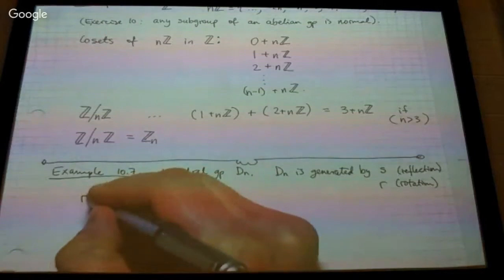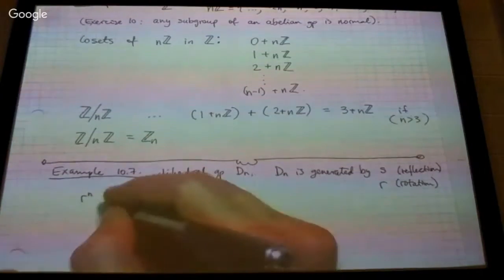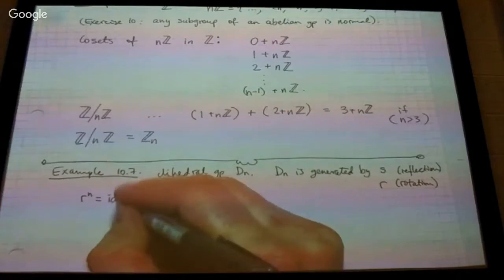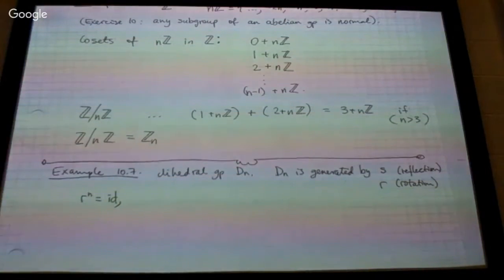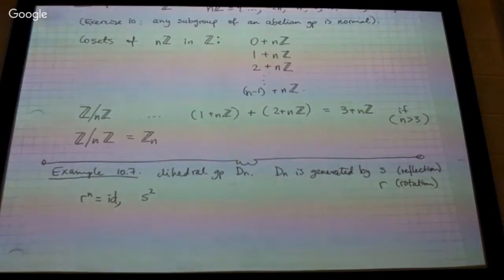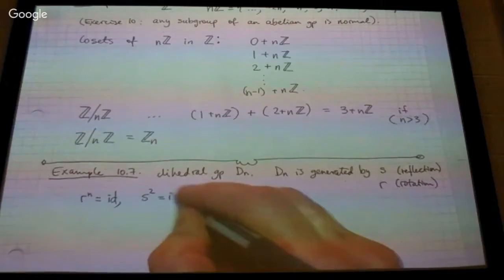And you get that R to the n, if you rotate it n times around the whole circle, you get the identity, which is the trivial symmetry. If you reflect it along the axis twice, you also get the identity.